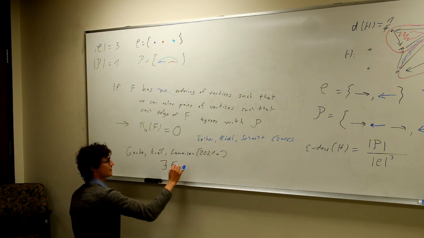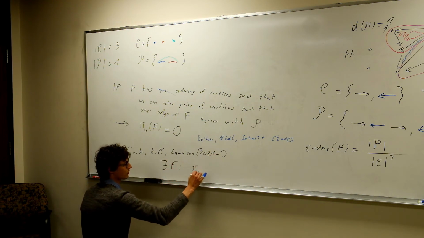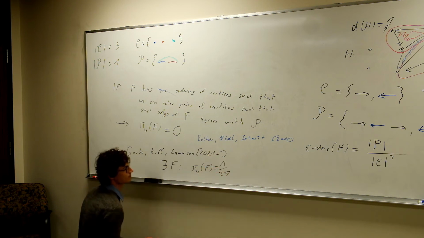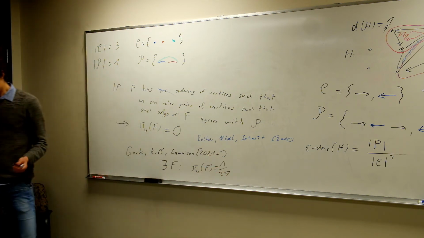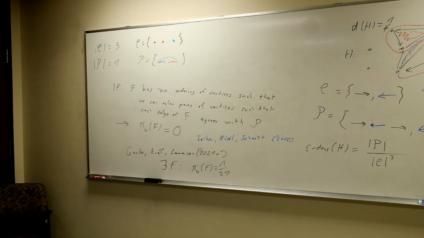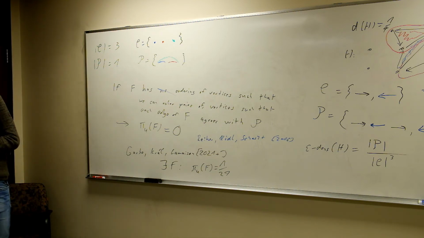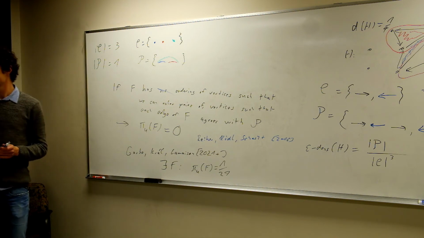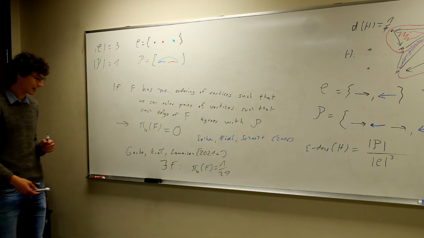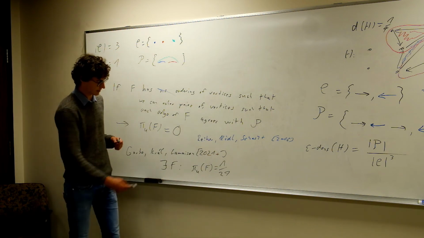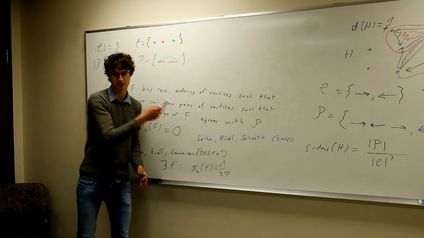So there exists a hypergraph with uniform Turán density 1 over 27. And those are all the results that are known so far. So if you have your favorite graph you want to obtain the uniform Turán density of, and it's not covered in this case and if it's not 0, you're the first one.